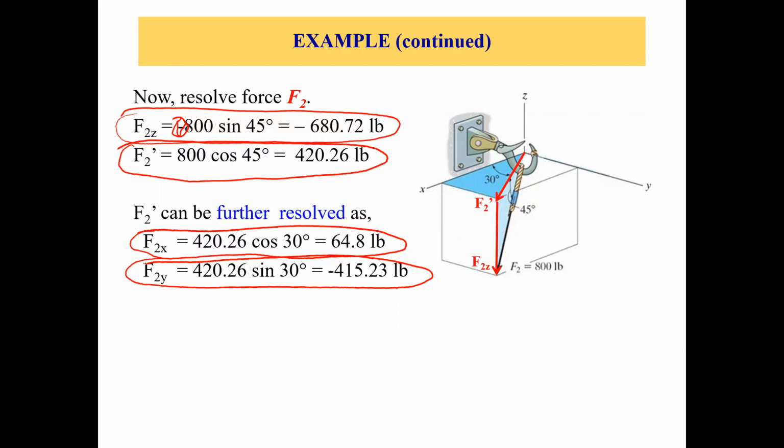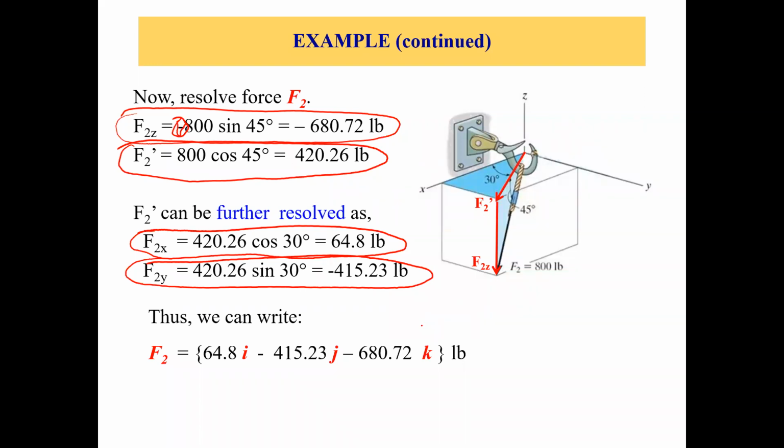Okay, so in these two steps, now we are done with the resolution of this force F2 into three components, F2x, F2y, and F2z, right? So now we have three components. Now we can write this force F2 into the Cartesian vector system. All right, so F2 equals F2x i plus F2y j plus F2z k, right?